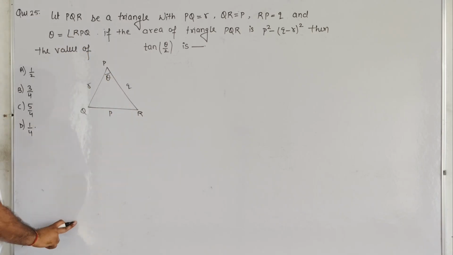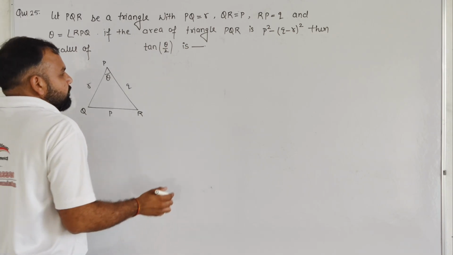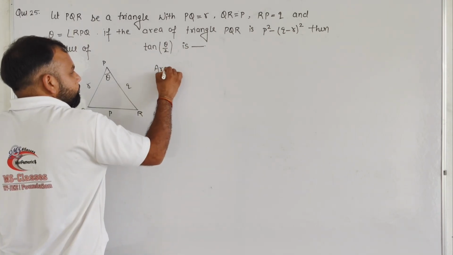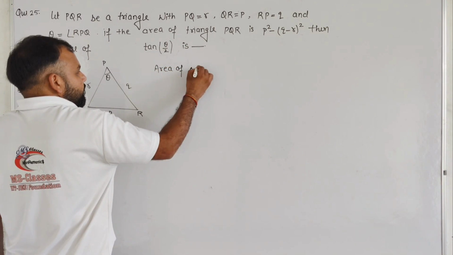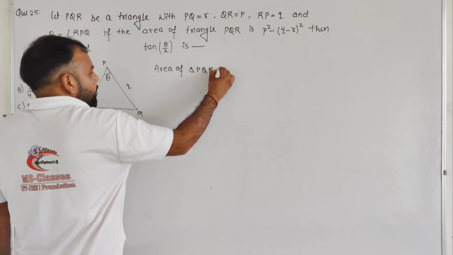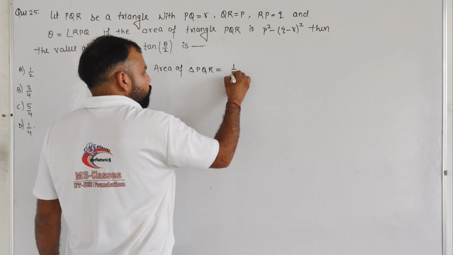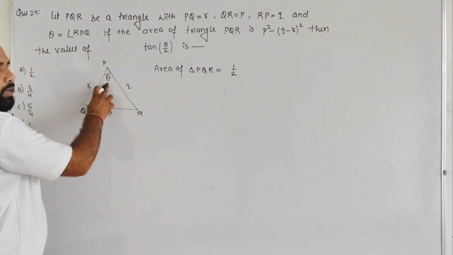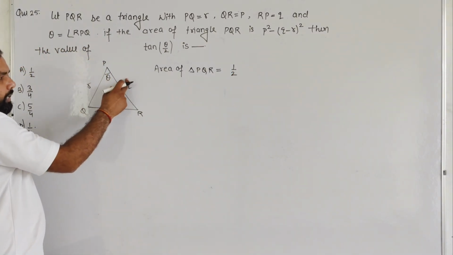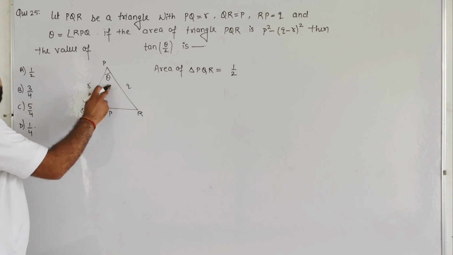Okay. So student, you know very well that the area of triangle PQR, if the angle is given, is 1 by 2 times the multiplication of adjacent sides with sine theta.